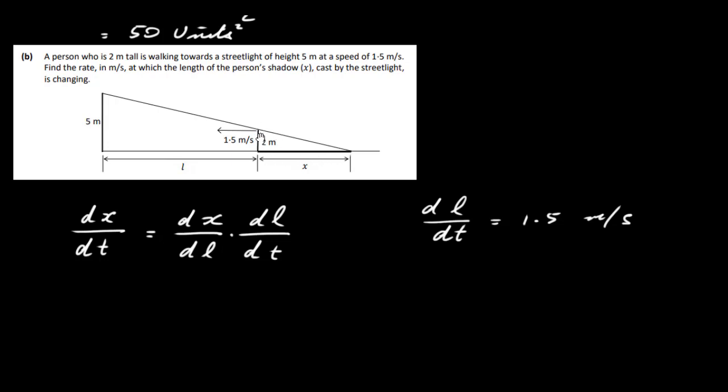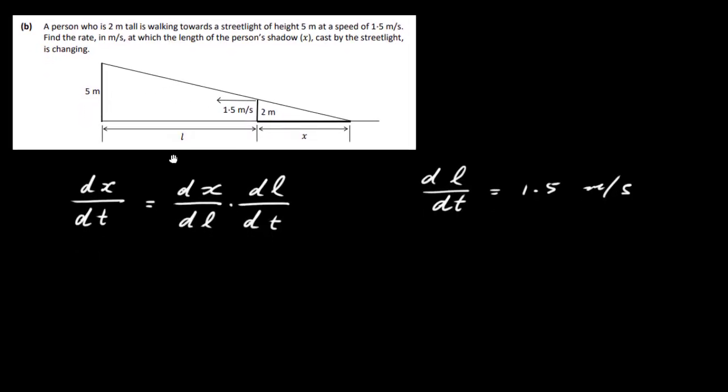This is parallel to this, so we can look at the two similar triangles and use the theorem that says the sides are in proportion. So let's form an equation with L and x in it. If we can do that, we can get x on its own and work out dx with respect to L.